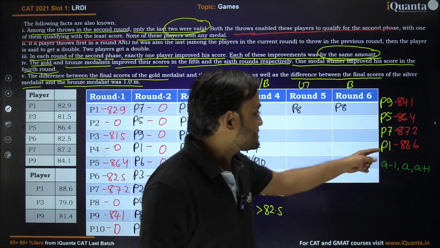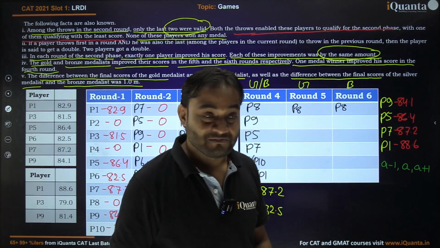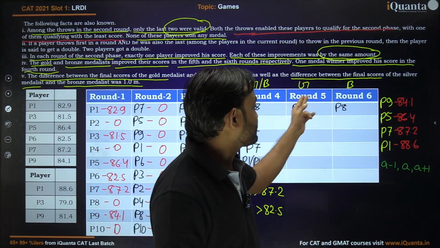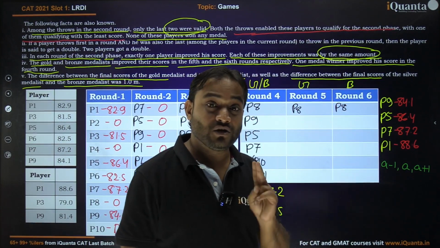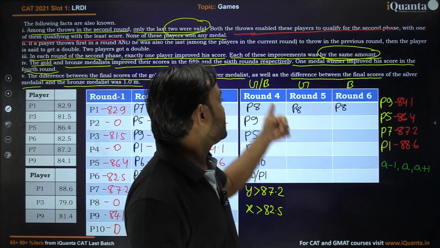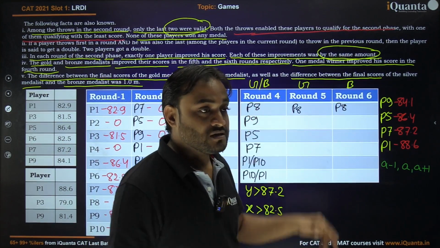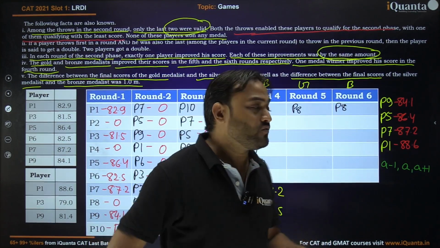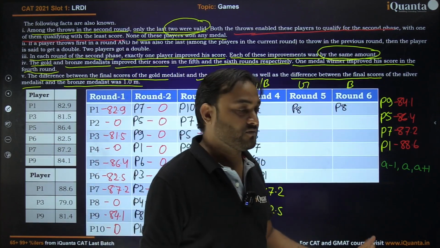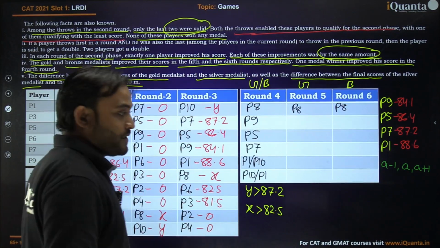The silver medalist did not improve. Once again, one of these 2 has improved in the 5th round and 6th round. We know that only 2 players have improved their score. One of them improved twice. So either it will be gold or bronze. The silver medalist did not improve and his score in the 3rd round was good enough to get him the silver medal. Who could it be? Let's see.